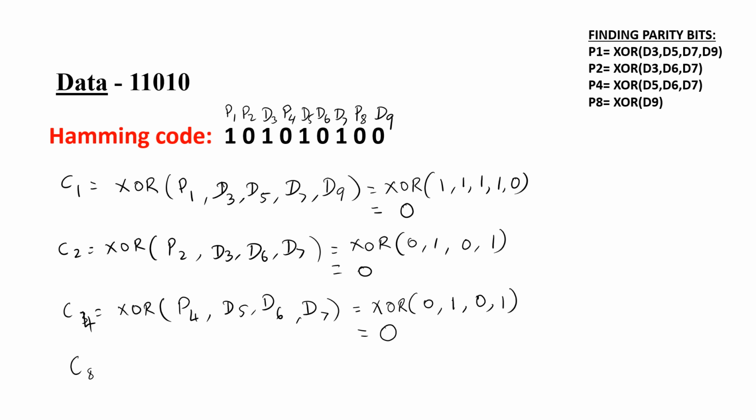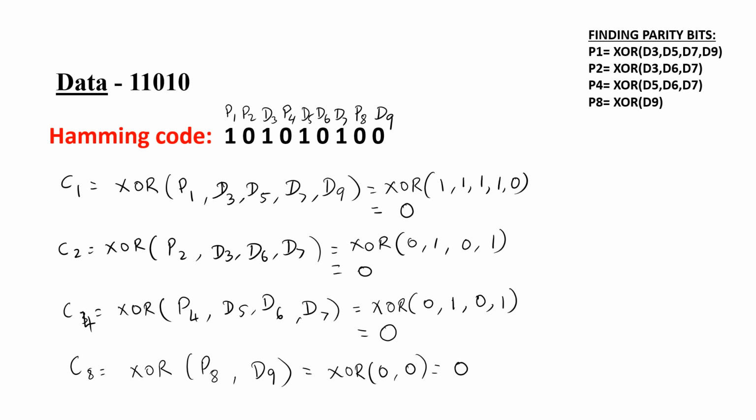Next C8. The XOR includes P8, the parity bit 8, then D9, the data covered by P8. So that is equal to the XOR of P8 is 0, D9 is 0, which equals 0.